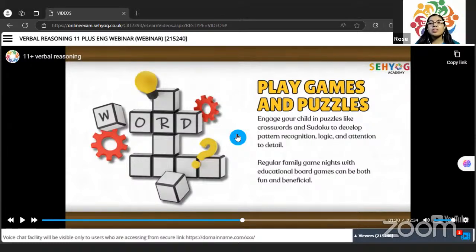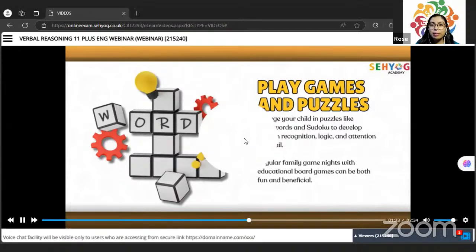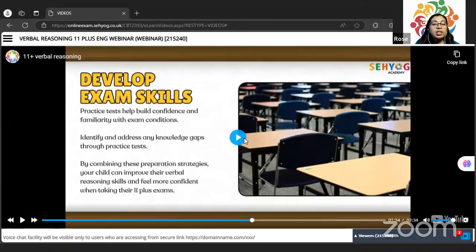You can practice crosswords and Sudoku, and other board games which involve numbers, letters and words, so that the habit of identifying words out of the blue is developed in you. So please play games and puzzles, that's what I request you guys. Next, let's move to the next slide, Miss Emily again. Here, how can you develop the examination skill?